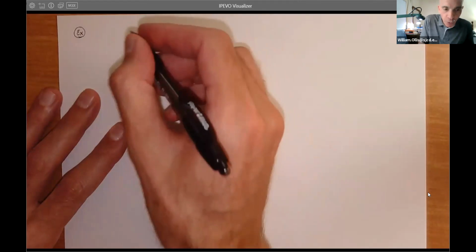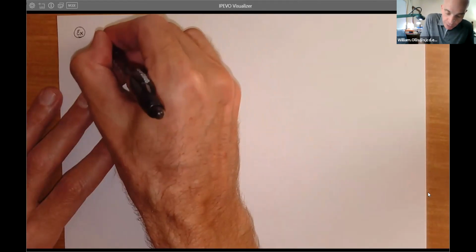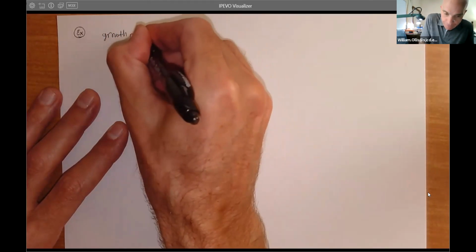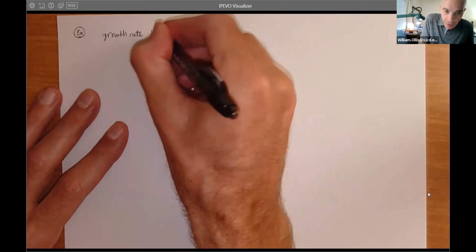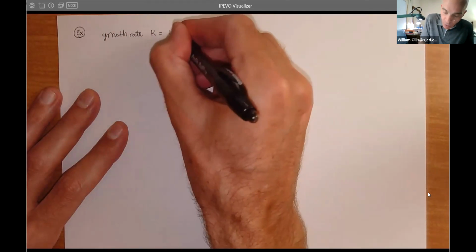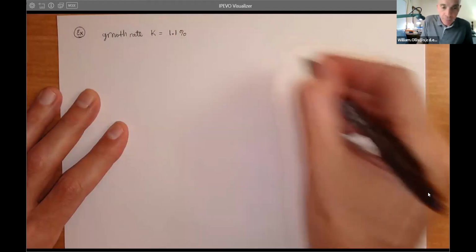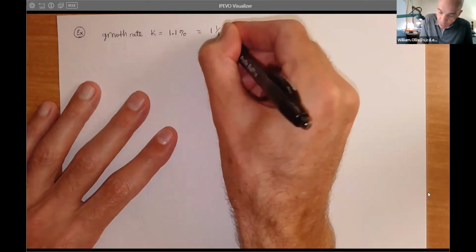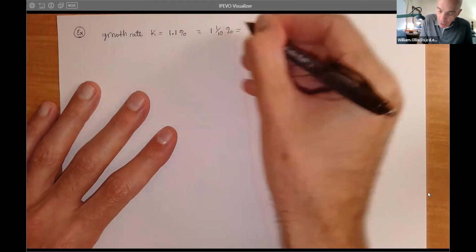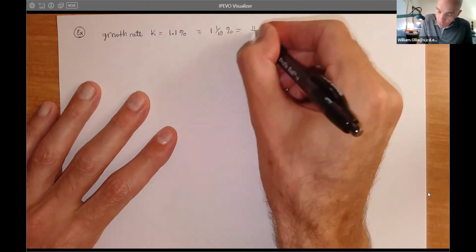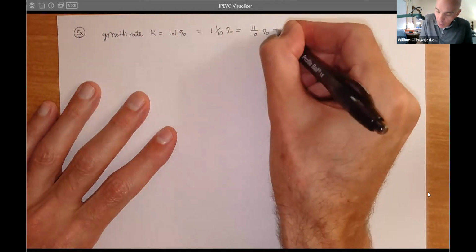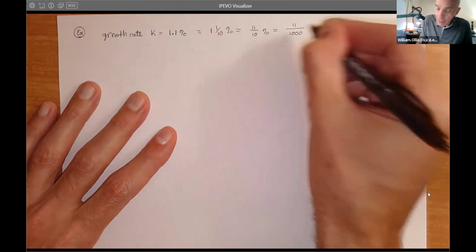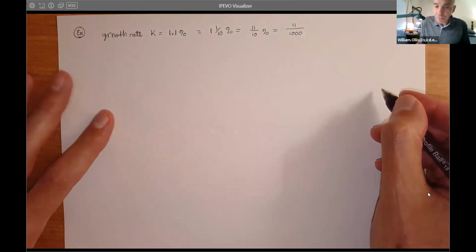So in this particular case, we have a growth rate. I'll just write it out. Growth rate of k equal to 1.1%. And of course, this is just 1 1/10%, which is 11 over 10%, or just 11 over 1,000 if you multiply 10 by 100.